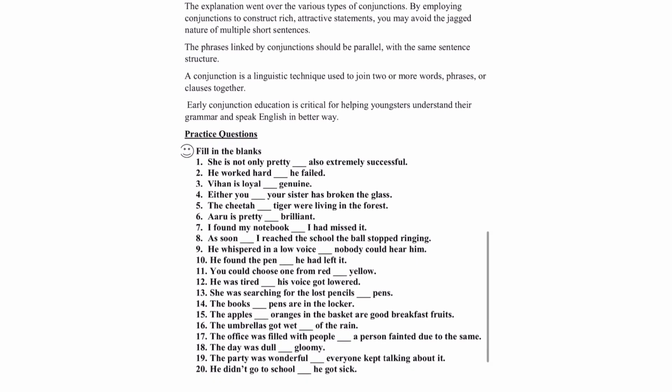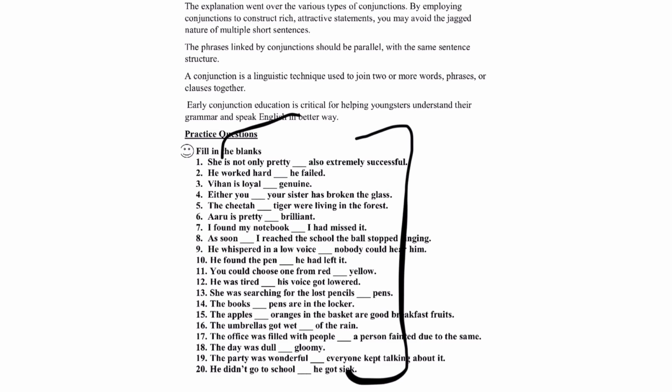Early conjunction education is critical for helping youngsters understand their grammatical errors and speak English. So, what you have to do is, when you keep on practicing these examples, right, you will get a better idea of understanding the topic.